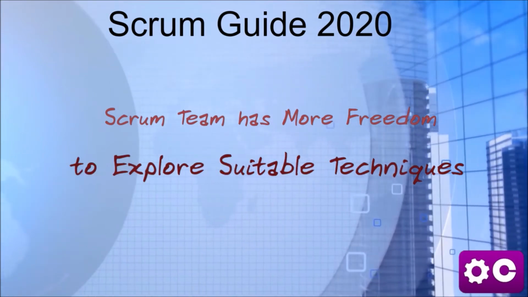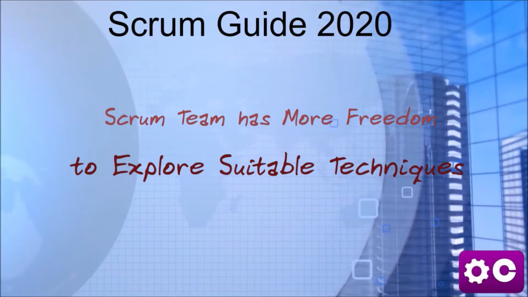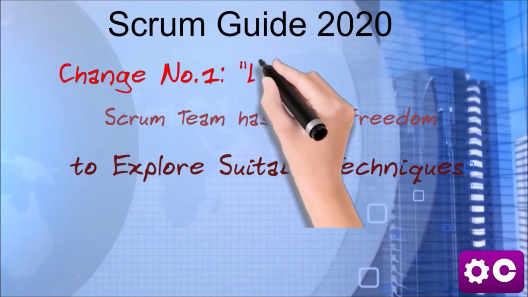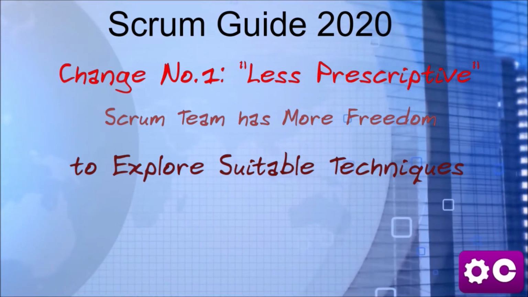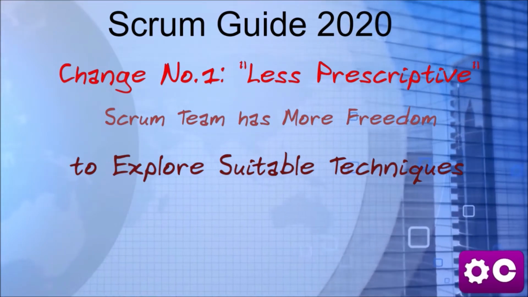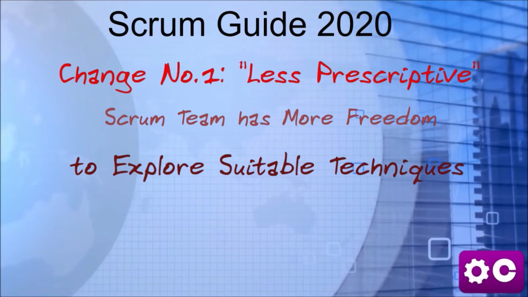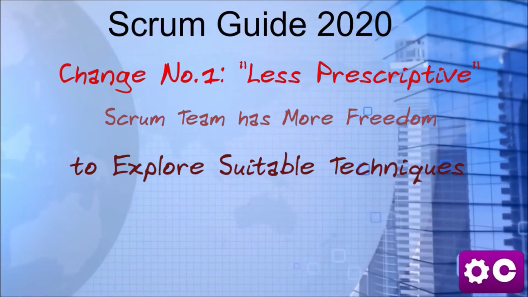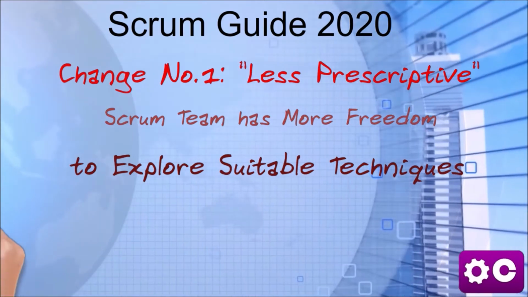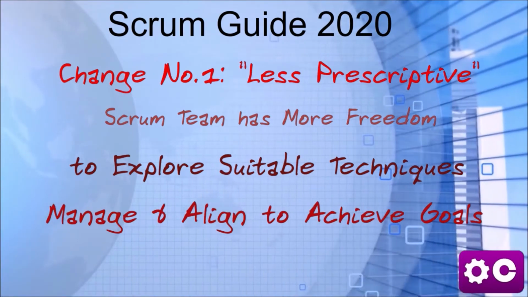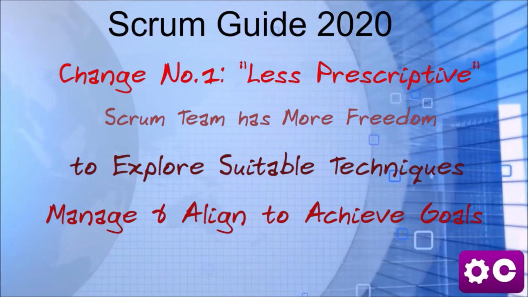The most important change is that the Scrum Guide has become less prescriptive. You'll find that in all roles, events, and artifacts. The Scrum Guide 2020 now gives more freedom to the Scrum teams to choose the techniques and manage their team to align themselves to achieve the goals.